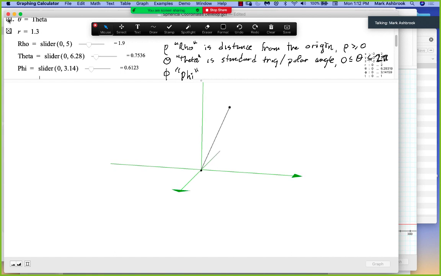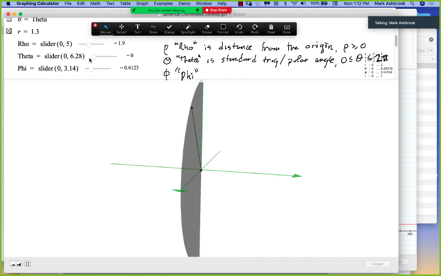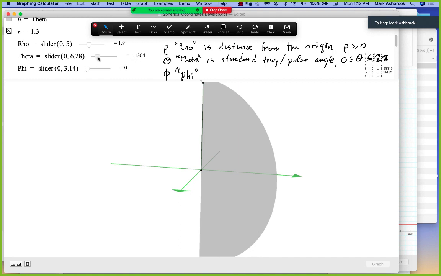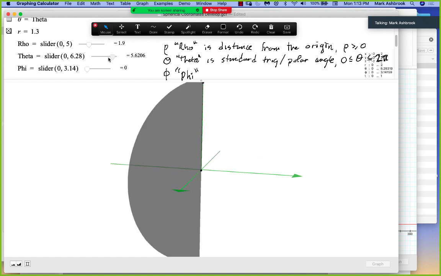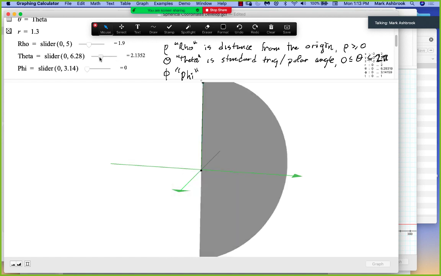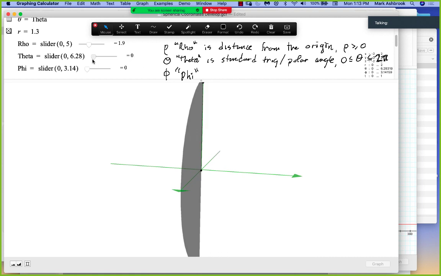So if I think about theta like this here, so here's theta equals 0, positive x-axis, sweeping positive, theta equals pi over 2, and then through the second quadrant, back to theta equals pi. Through the third quadrant to theta equals 3 pi over 2. Through the fourth quadrant, back to 2 pi. Standard stuff, right? So this is the same theta you've been dealing with all the way back to trigonometry when you're learning cosine and sine.